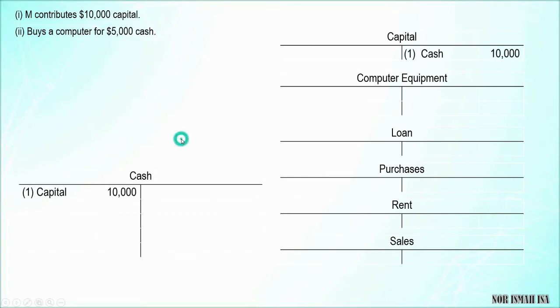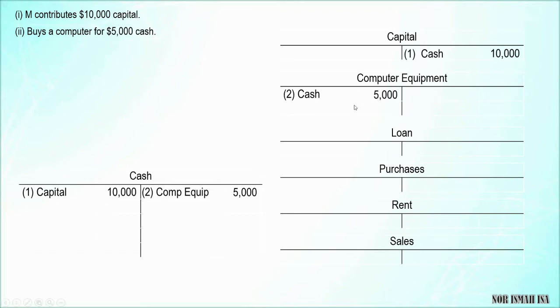So you should credit the cash account with 5,000. The opposite account, the dual effect, is the computer equipment. The computer equipment will increase in the business, so you should debit it because computer equipment is an asset.